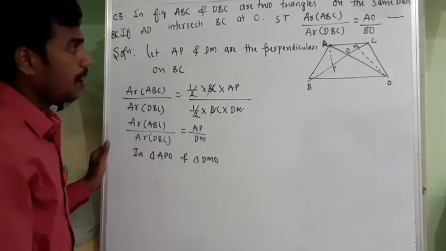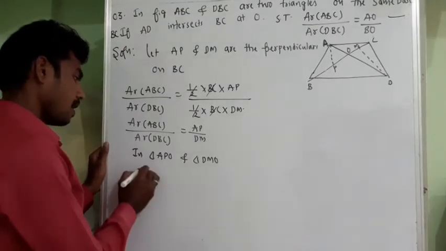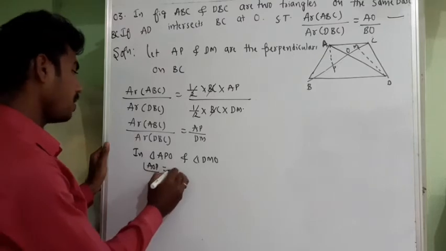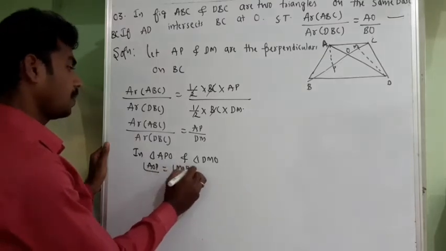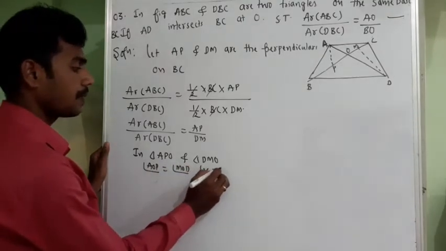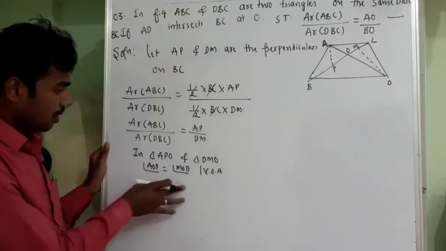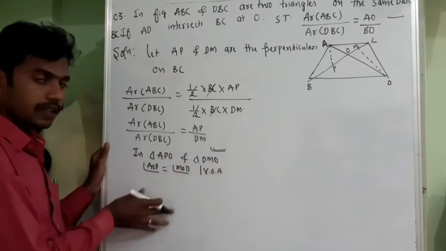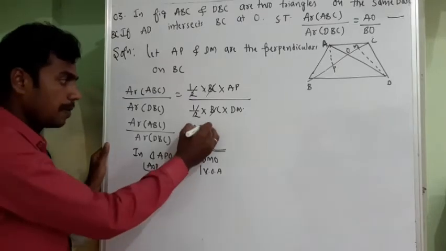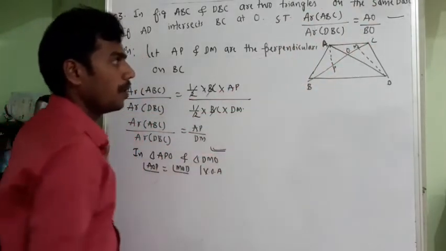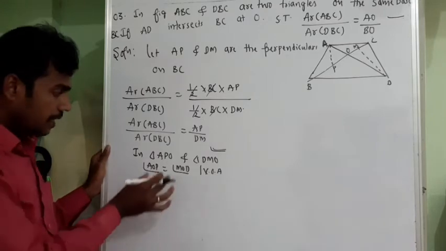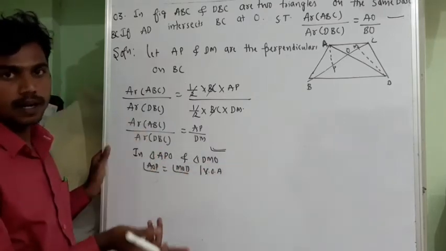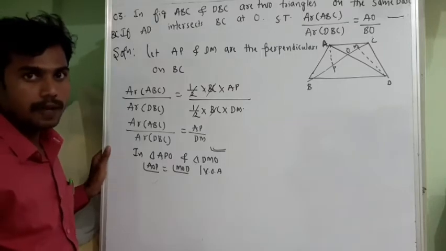Now, angle AOP is equal to angle MOD, vertically opposite angles. Why are we continuing with this step? We have to show AP by DM is equal to AO by DO. For that, we need to show these two triangles are similar. If two triangles are similar, then their corresponding sides will be proportional.